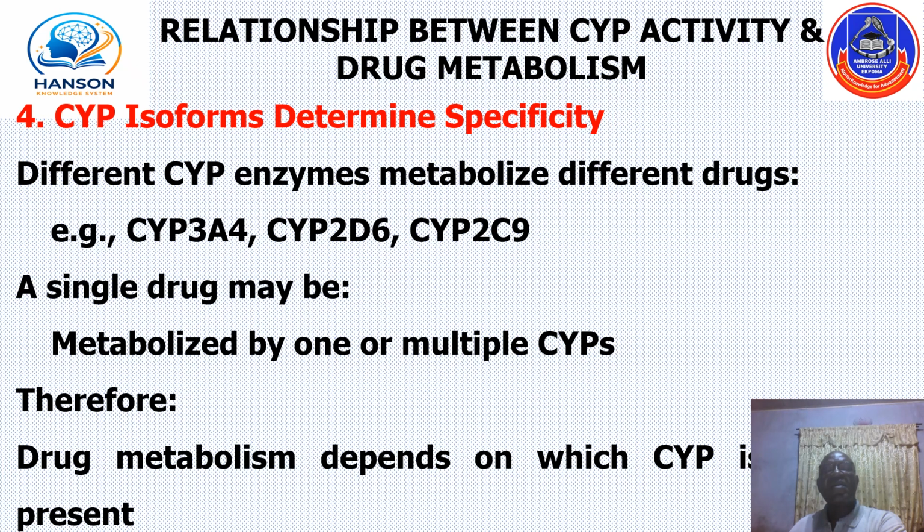These are different forms of cytochrome P450. A single drug may be metabolized by more than one form of cytochrome P450. Drug metabolism depends, therefore, on which cytochrome P450 is present.